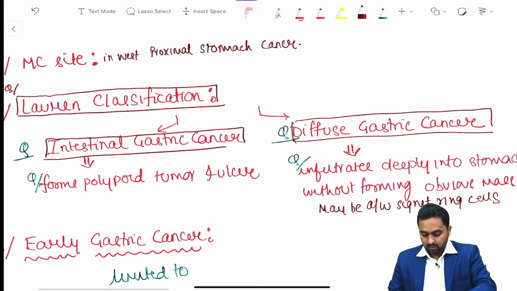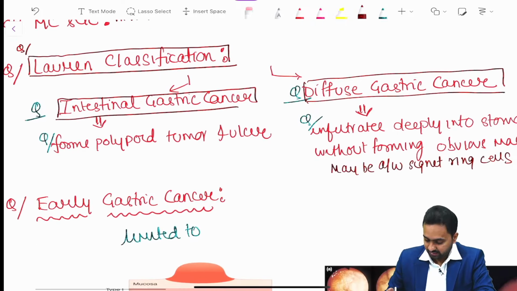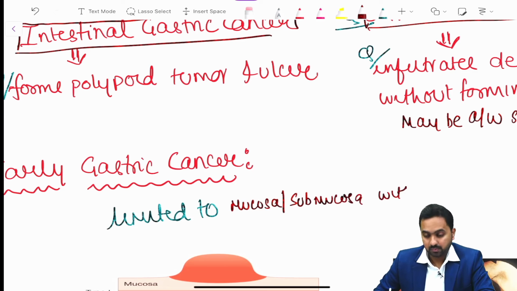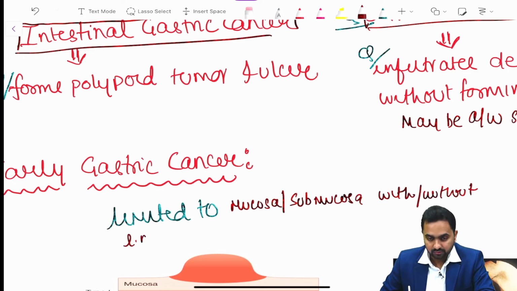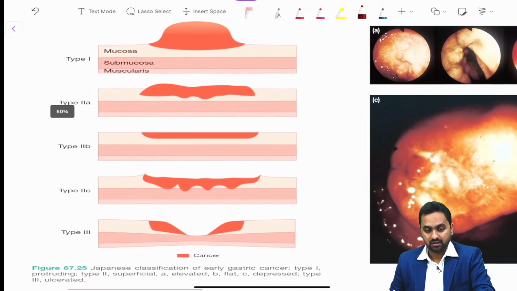Now, early gastric cancer. So, what is early gastric cancer? Early gastric cancers are those which are limited to the mucosa or submucosa, with or without lymph node involvement. We have a classification for early gastric cancer, which is the Japanese classification.